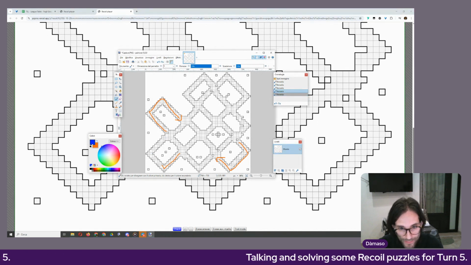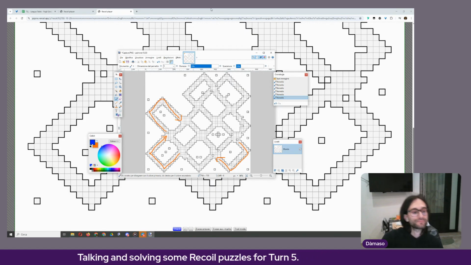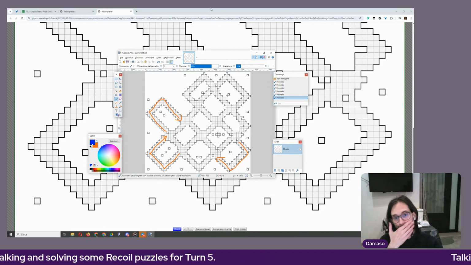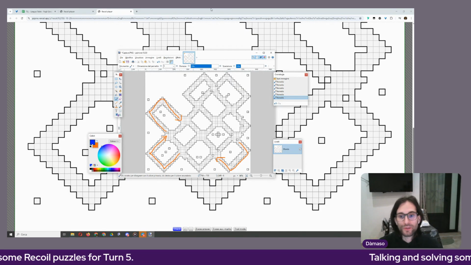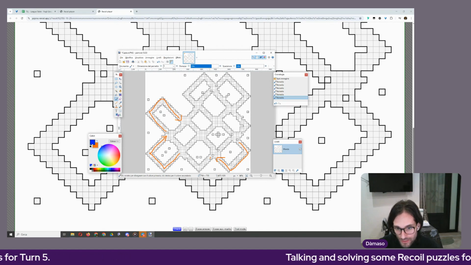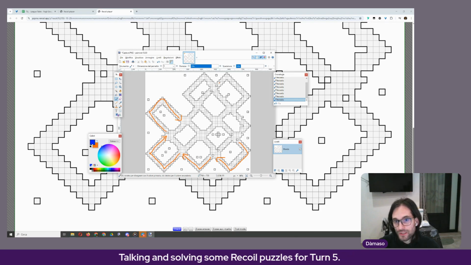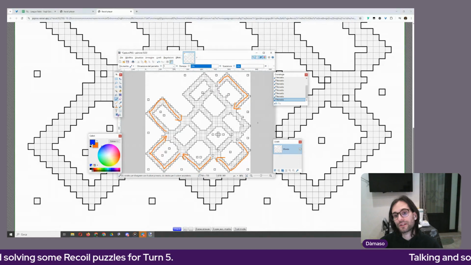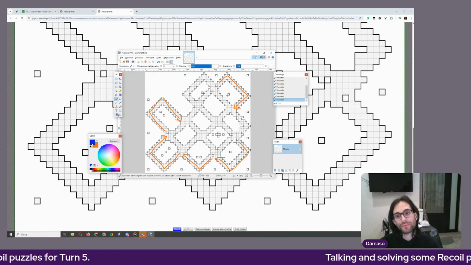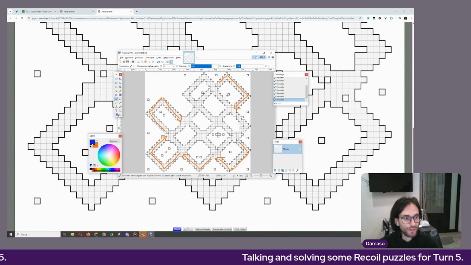So we must go this way. Okay? Now that we have, we also know that we have these, and we know that we have these. This is, I think, all that we know at the moment. I think so, yeah.